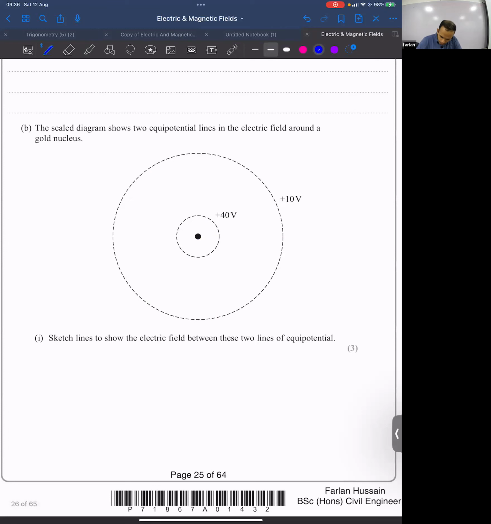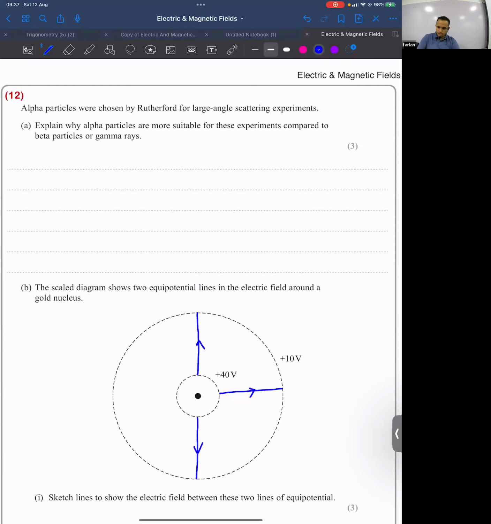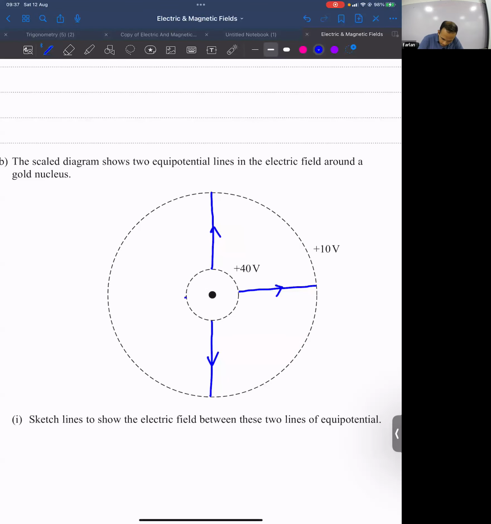So it has to be directed towards the center. This is how the field lines will be. Okay, it should look like it is coming from the center.